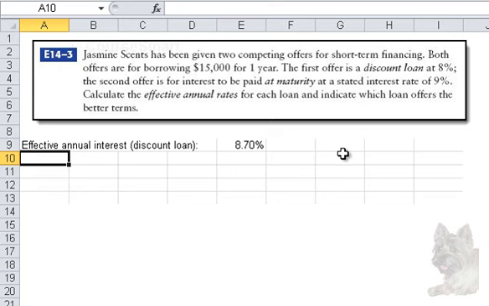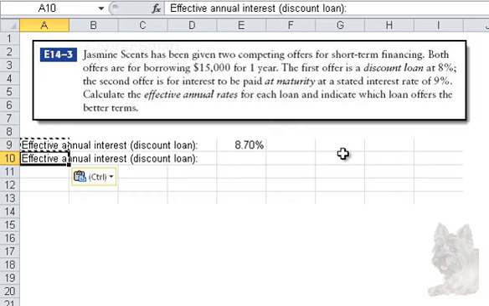Then the second case is an interest payable at maturity. Just to be consistent, we'll lay it out exactly the same way. And this is going to be interest paid at maturity.